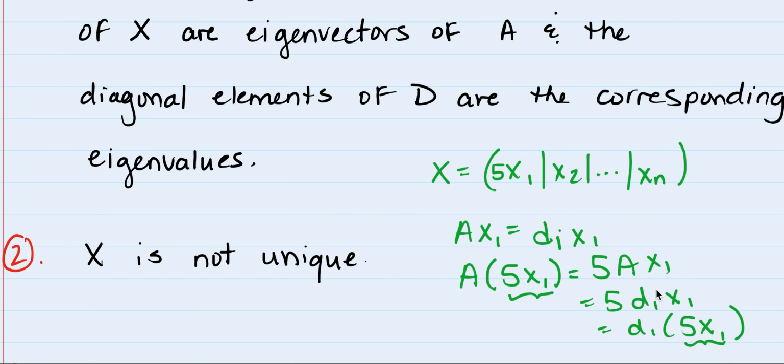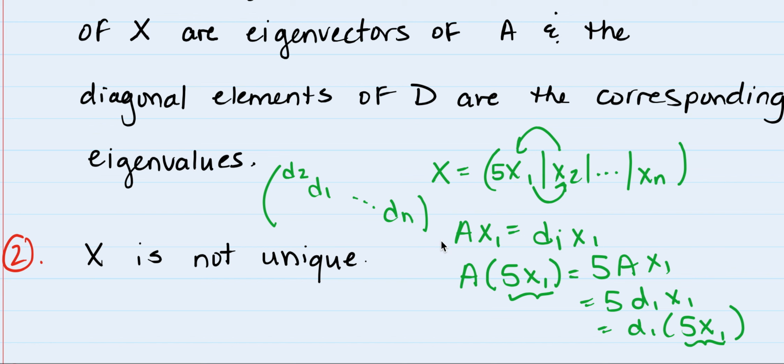You could also reorder these. You could put x2 here and x1 here, and all that would mean is that on the diagonal, where you had a d1 and a d2, if you switch them, you just need to switch these two eigenvalues. So you put a d2 and a d1 here if you switch x1 and x2.